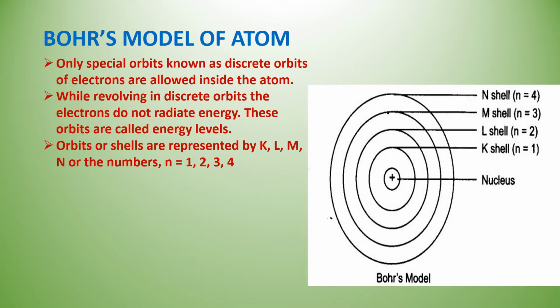That means 4 energy shells. In the middle is the nucleus, where protons and neutrons are present, and surrounding that are the shells K, L, M, N, that is number 1, 2, 3 and 4. I hope you understood, right?